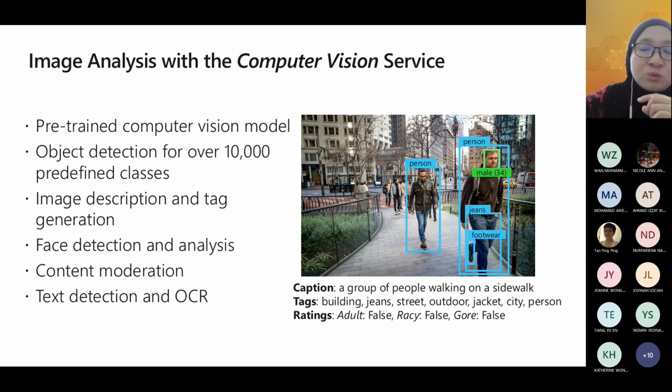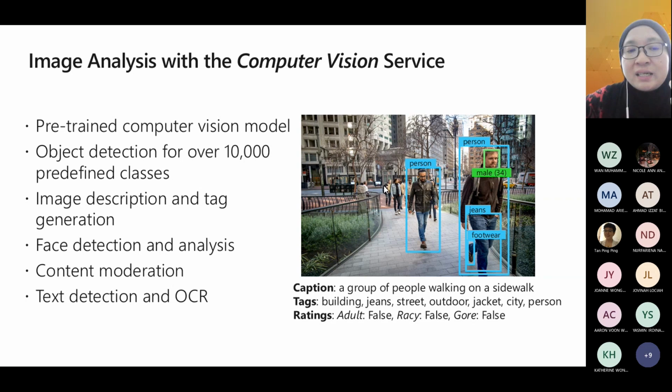Tags can be useful if you need to index images and search for them using a relevant keyword. For example, you want to search for male, so it will display the block, and in this box it shows all the male images.